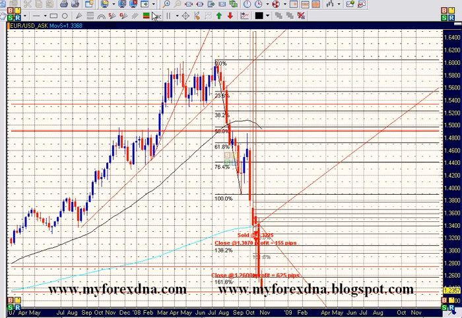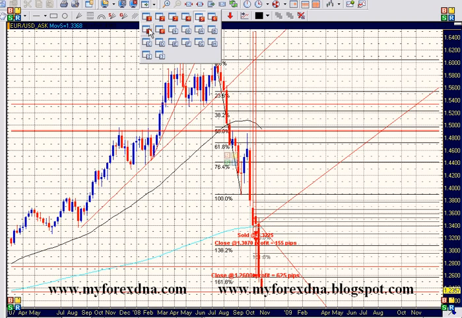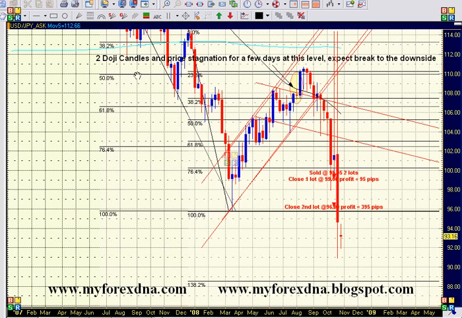Going further to the Japanese yen and the US dollar, this is the weekly chart. You can see a doji candle forming, a lot of indecision in the market. The weaker the economic news, the stronger the yen has become, and today the yen is the strongest currency.